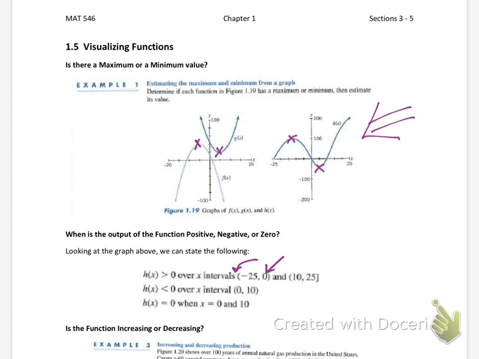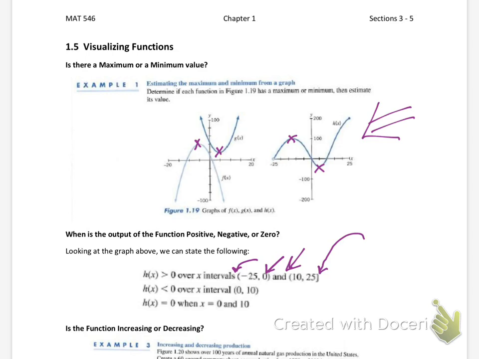And then continuing, so it's going to be greater than 0, starting again very, very close to 10, but not when it equals 10. That's why you have a paren. And then all the way up to where the function ends at x is 25, and you are including that value, so therefore you have a bracket.